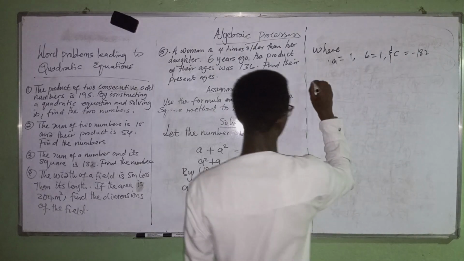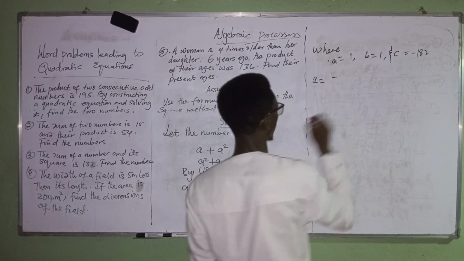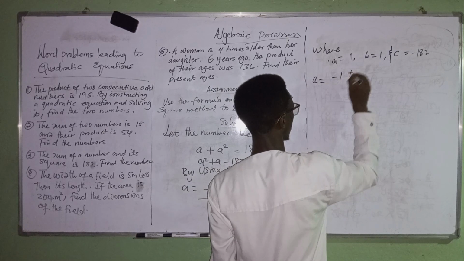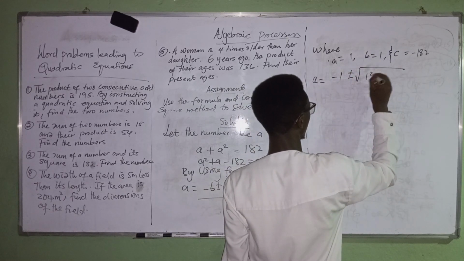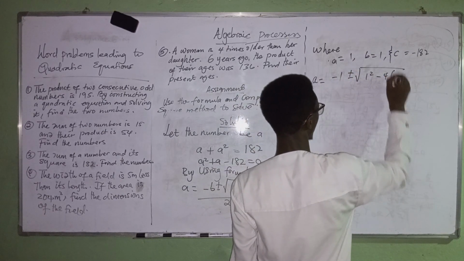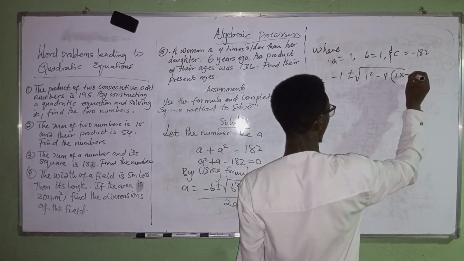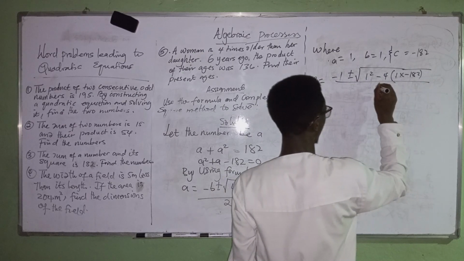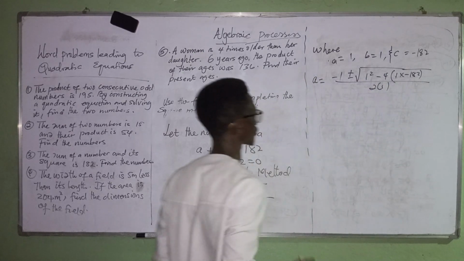Once you get that, you substitute. So A equals minus B, which is minus 1, plus or minus the square root of 1 squared minus 4 times A, which is 1, times minus 182, everything there divided by 2 times 1.